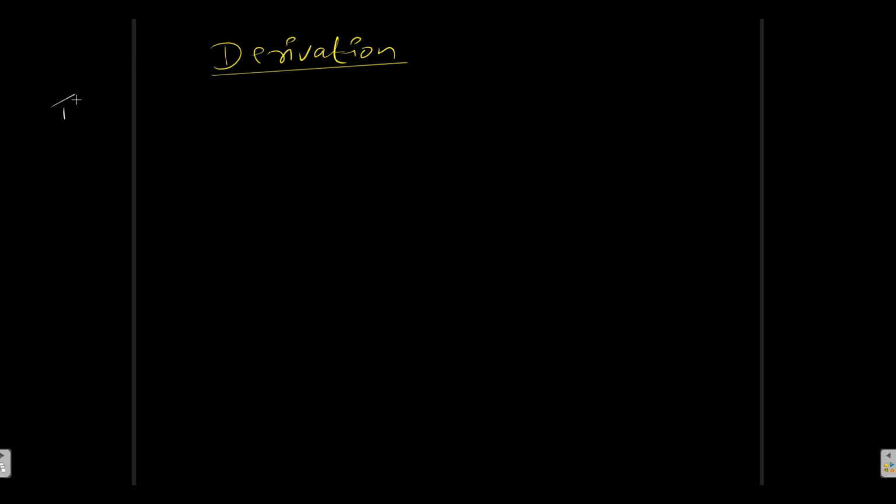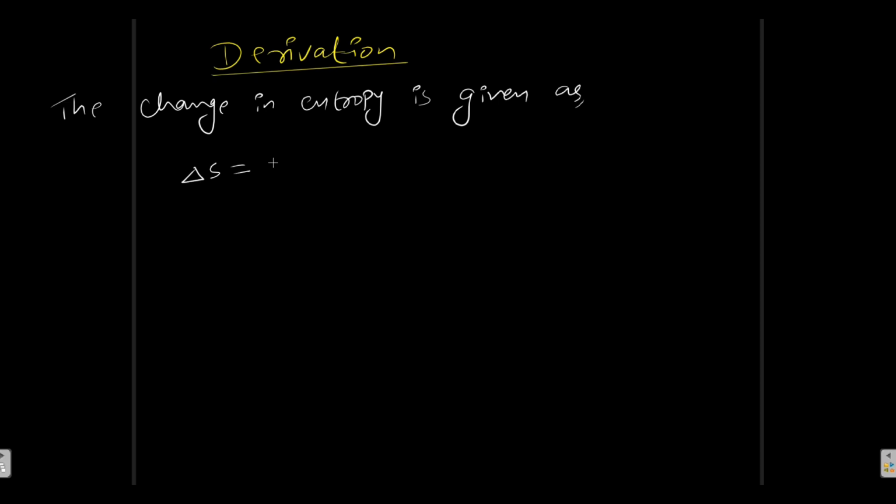The change in entropy is given as: what is the formula for the change in entropy? Del S is equal to K into ln W. Equation number 1. What is the meaning of this K?